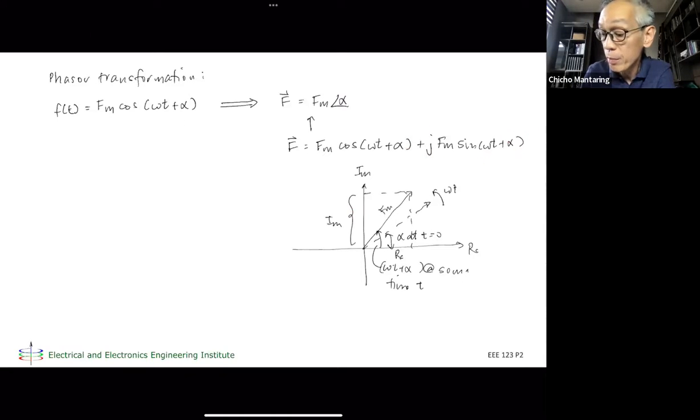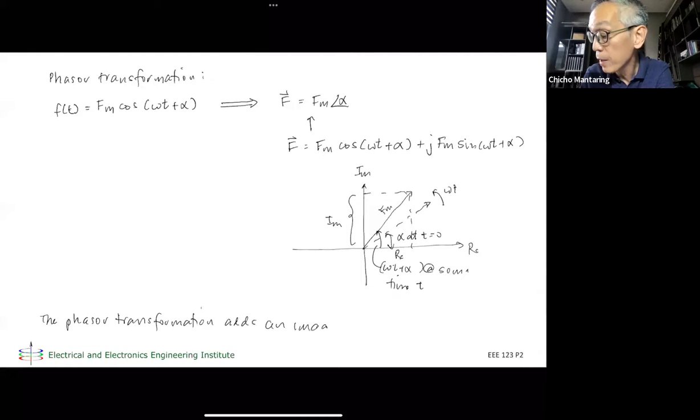So actually, sa Phasor transformation, we are adding an imaginary component. No? So the Phasor transformation adds an imaginary component to f of t. Kasi ito yung original f of t natin, kino-convert ngayon natin to this.